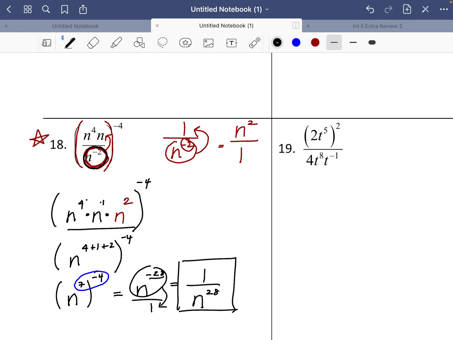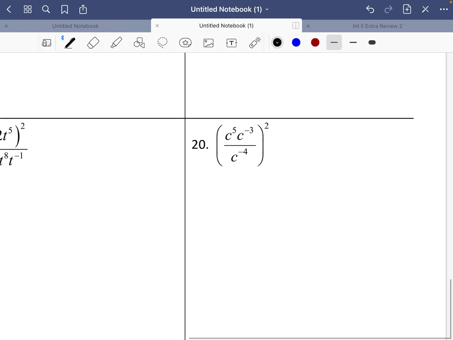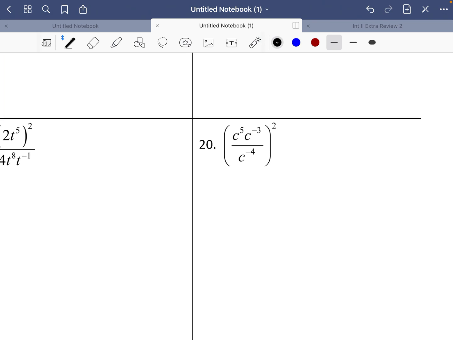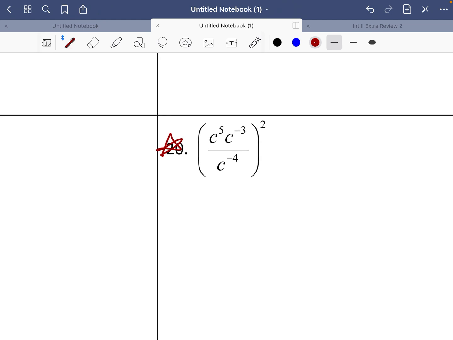Let's do the same thing with number 20. Number 20, what I'm going to do is I'm going to work inside first. I'm going to work inside of it, but I'm going to start by working on the negative exponent in the bottom, because I know that I can move it to the numerator.